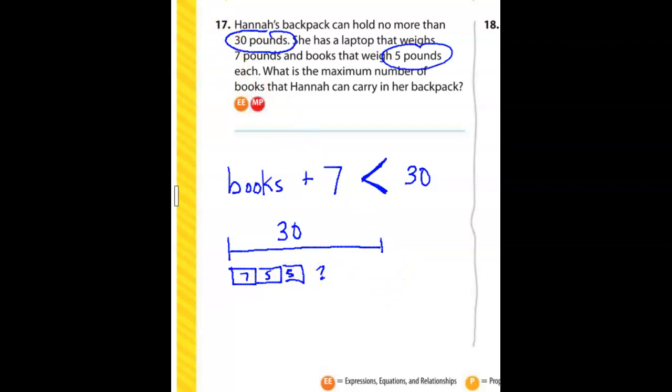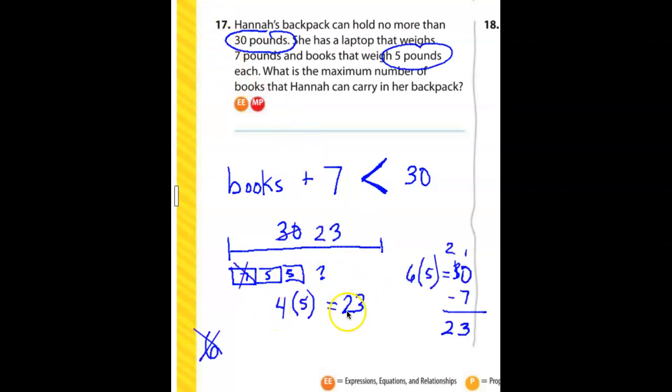Go ahead and work that out. Okay, now there's more than one solution here, but if we take away the laptop, we still have 23 pounds we can put in the backpack. I know that 6 times 5 is 30.